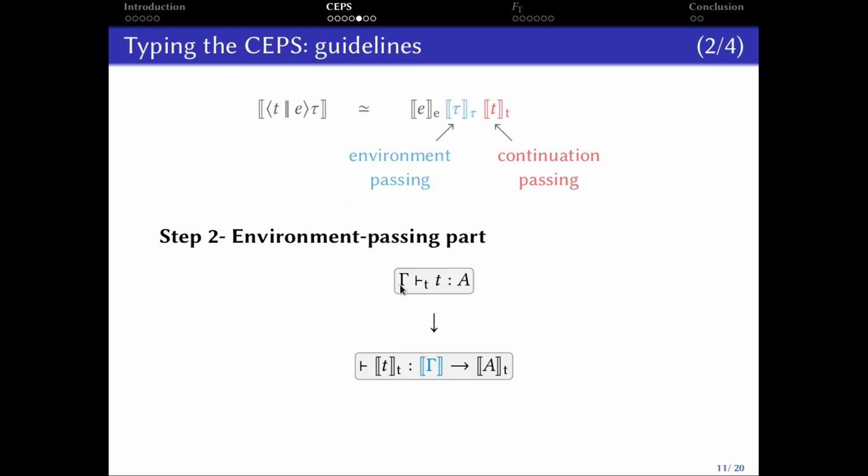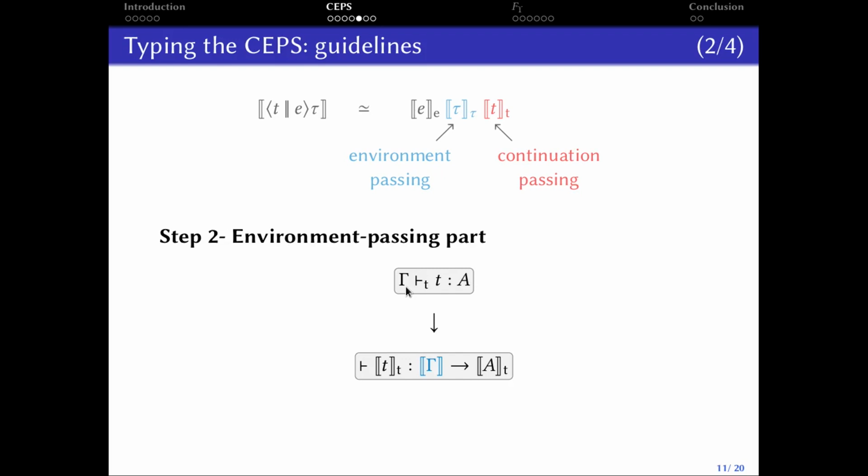The second step consists in defining the type translation corresponding to the environment passing part. And to that end, let me give a bit of intuition. So in a sequent, if we think of what is the role that the context plays, actually we can think of the context as a specification for correct substitution to get t of the corresponding type A here.